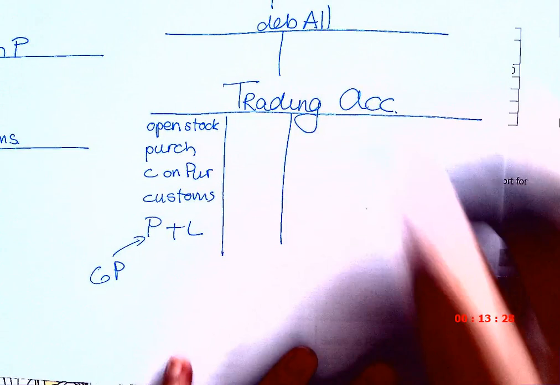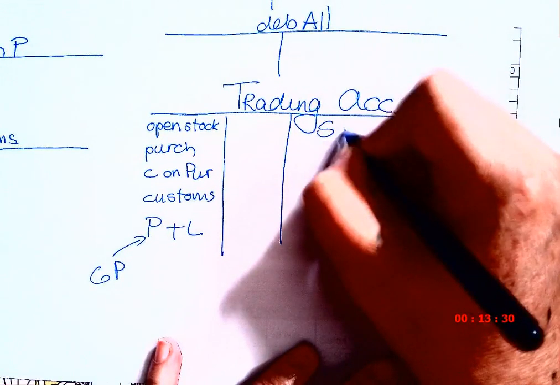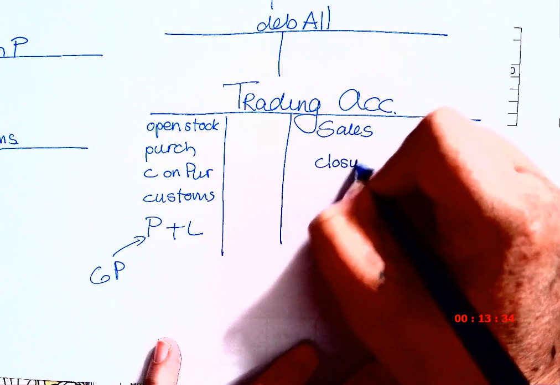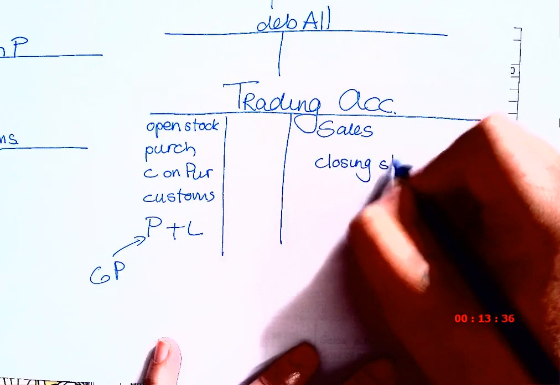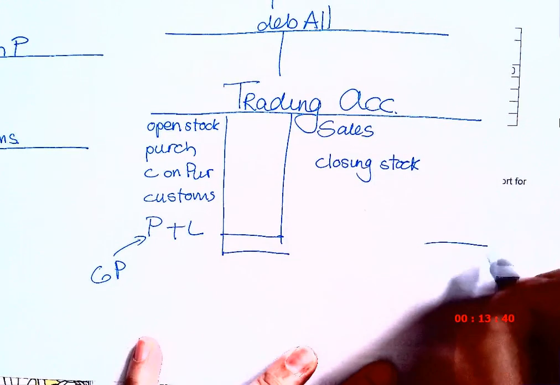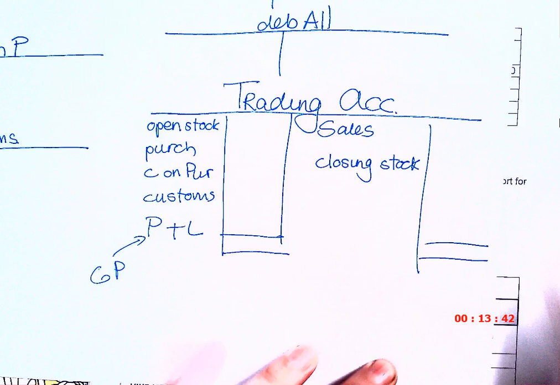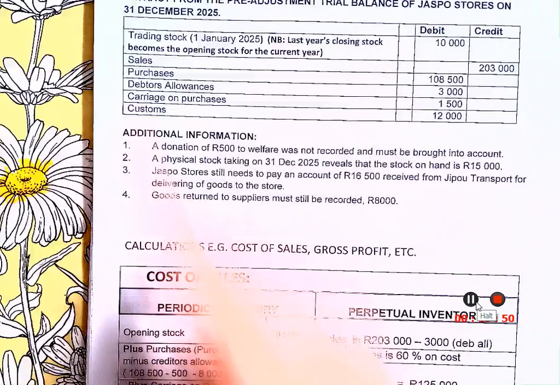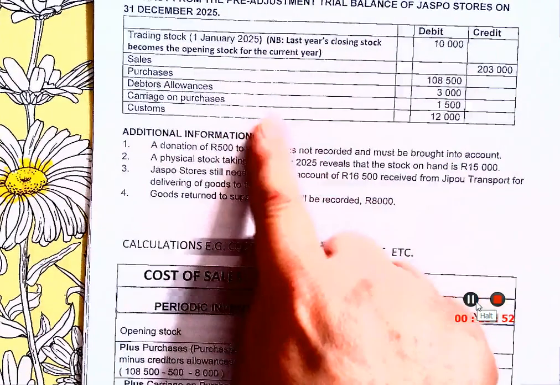This side, I'm going to have my sales and my closing stock. Okay. Now I want you to bring down the balances. This is all balances. You're going to bring that down.